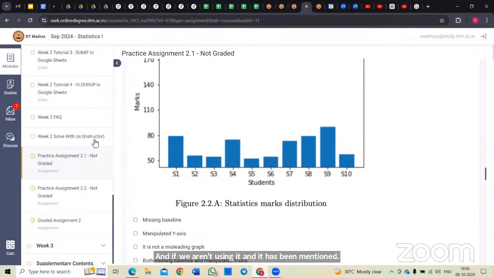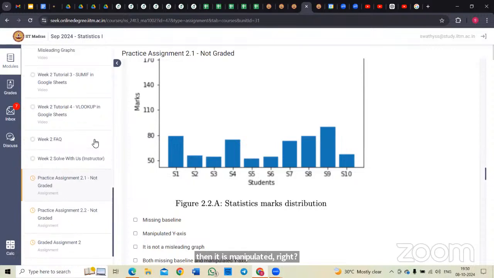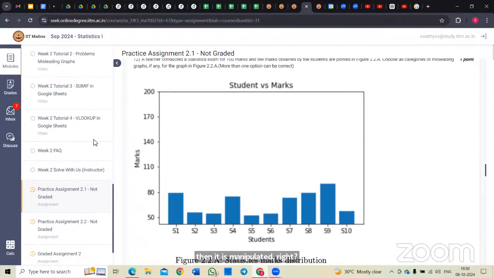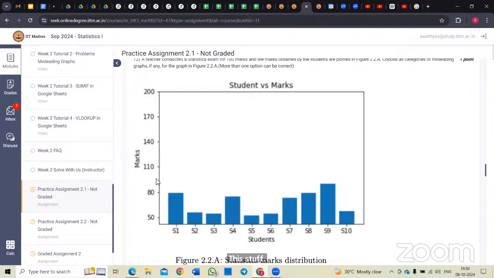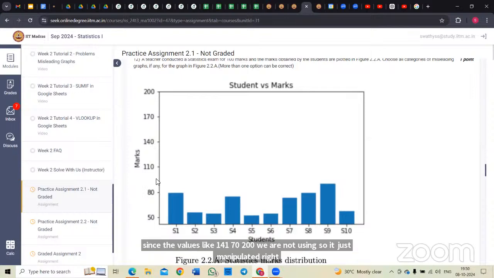Like in this graph that you've shown right now. Yes, since we aren't using the values like 140, 170, 200, it is manipulated. Okay, got it.